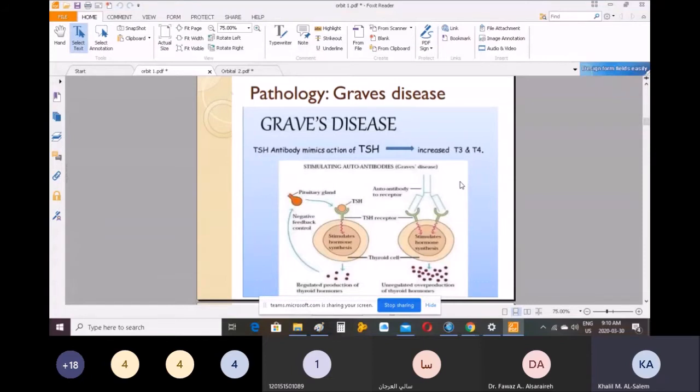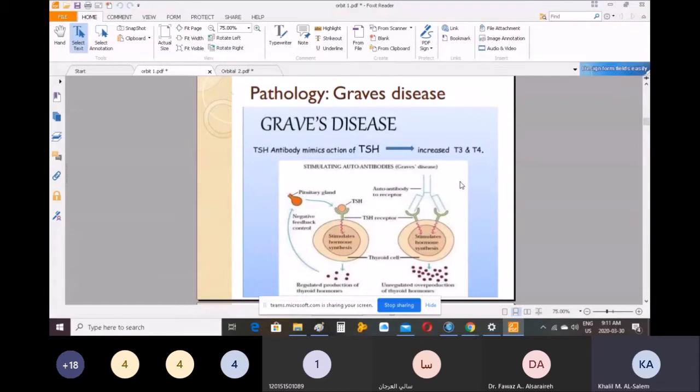Graves' disease is also regarded as a type 5 hypersensitivity reaction. If I just refresh your memory, a type 1 hypersensitivity reaction is the anaphylactic reaction, immunoglobulin E mediated. We have type 2, which is an immunoglobulin G hypersensitivity reaction, where you have an immunoglobulin attaching directly to the epitope.